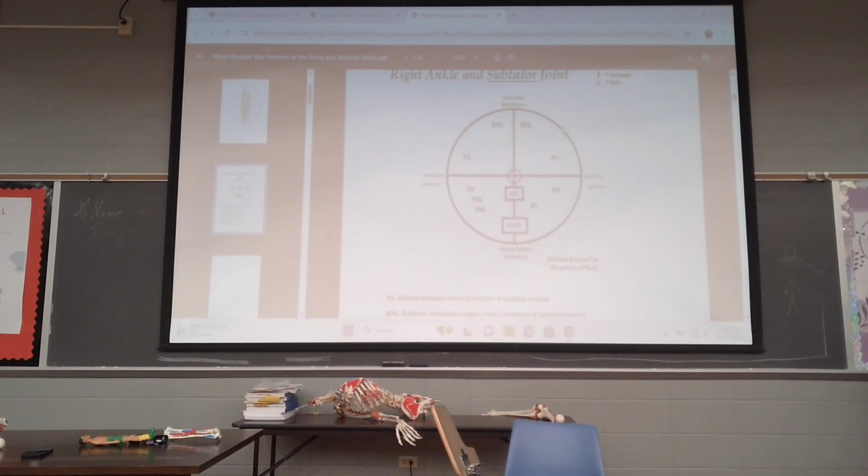Guys, the rest is super easy because, I told you earlier, we had a tibialis anterior. Guess what? We have a tibialis posterior. We had an extensor big toe. We can have a flexor big toe. We had some extensor toes. We can have some flexor toes. That's it.